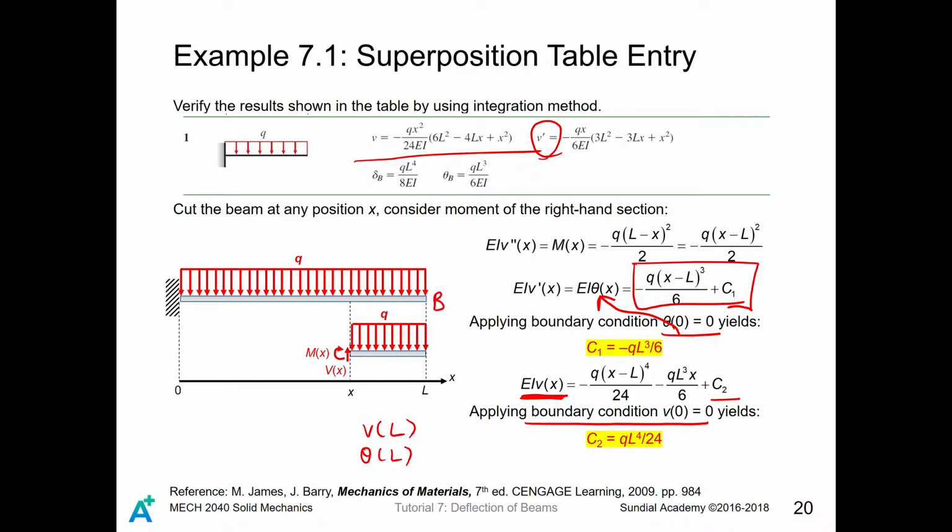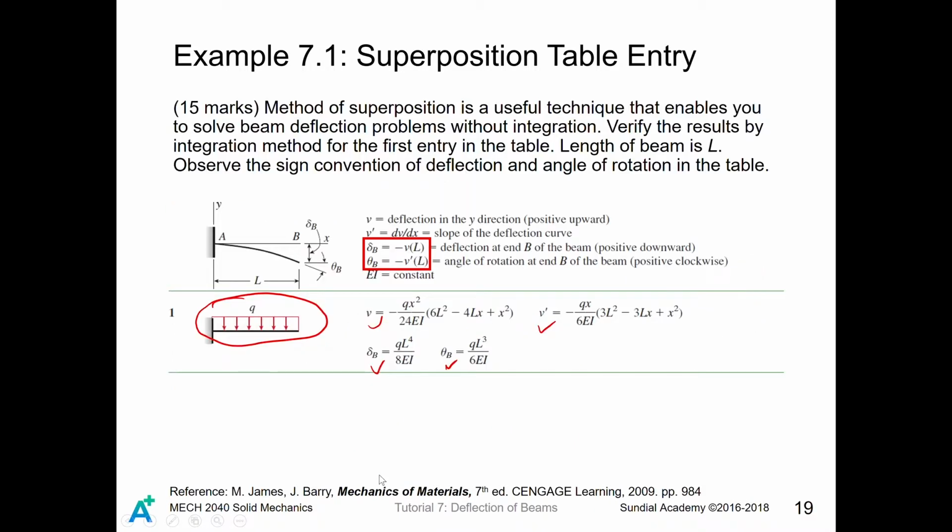Notice that although after substituting into v of L and theta of L you will get a negative value, the negative value means that you are correct, because in the superposition table there is a sign convention, which means that the deflection curve very often gives a negative value when there is a downward distributed load.